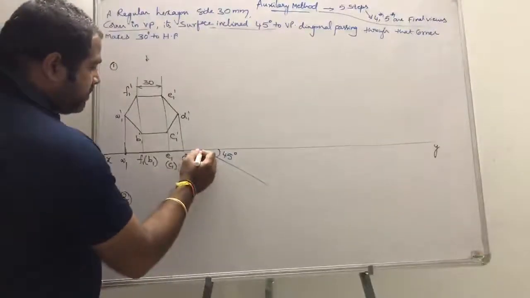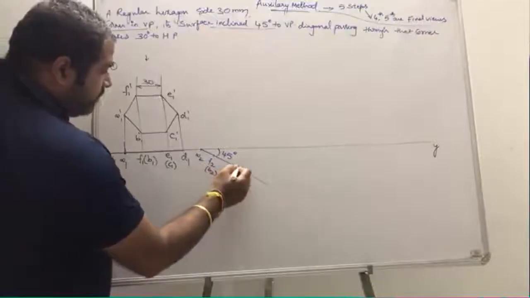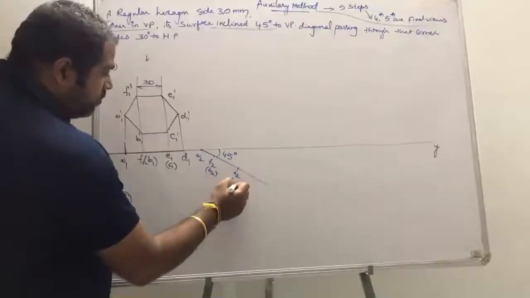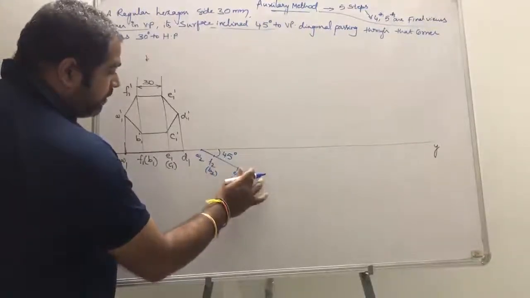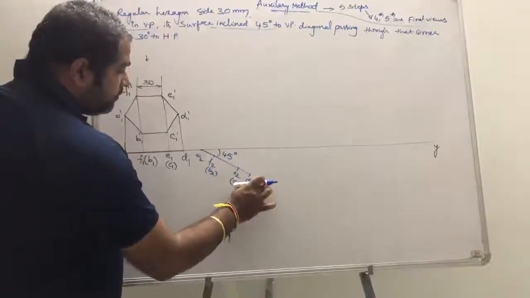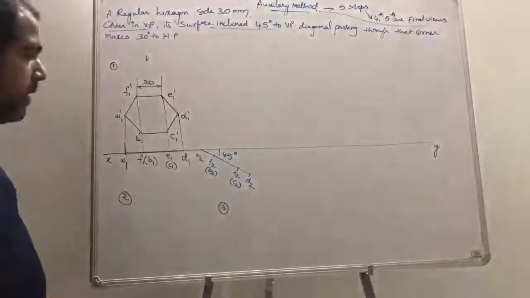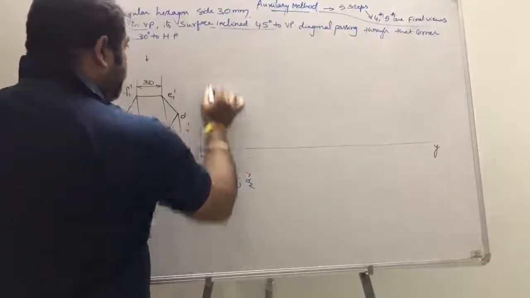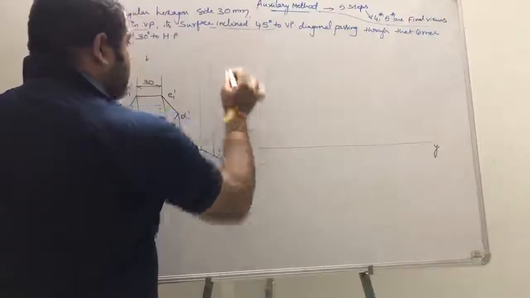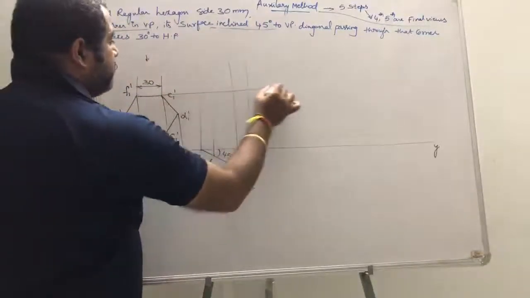So this becomes A2, F2 and B2, E2 and C2, D2. Okay, this was your third step. Now draw the vertical projectors from here and draw the horizontals from here.